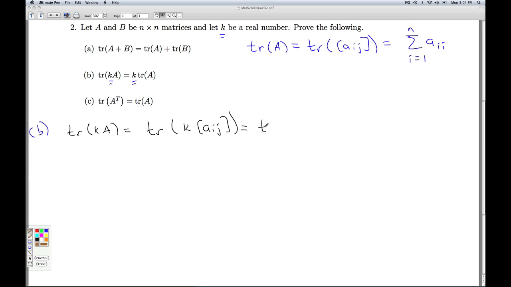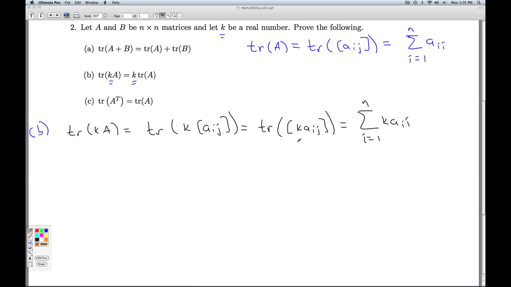The definition of scalar multiplication says I take k times each of those entries. And the definition of trace says I add up the diagonal entries. What are the diagonal entries? That's where the i and the j are the same. So that's the trace of k times the matrix A.